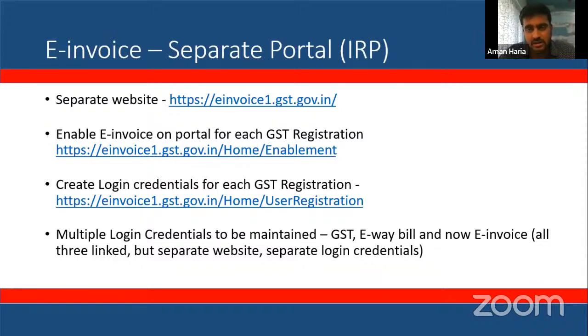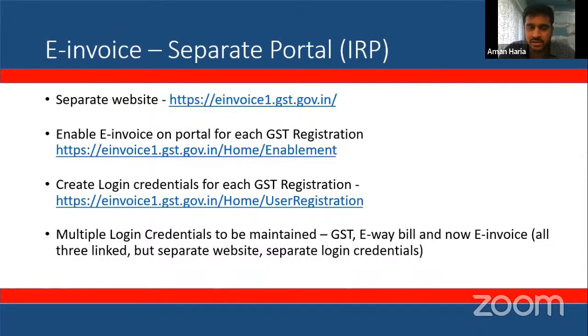So in effect, moving forward, we will have 3 different websites for one single GST registration. One is where we have our registration details, where we file our regular GST returns and refund applications if required. The second one is the e-way bill portal, which was started in 2018, 2019.